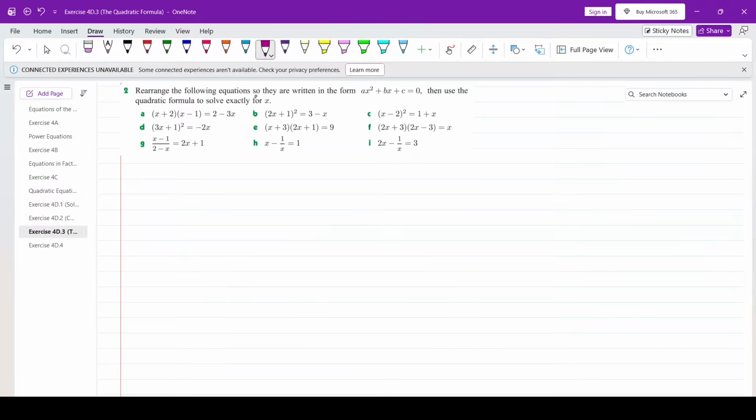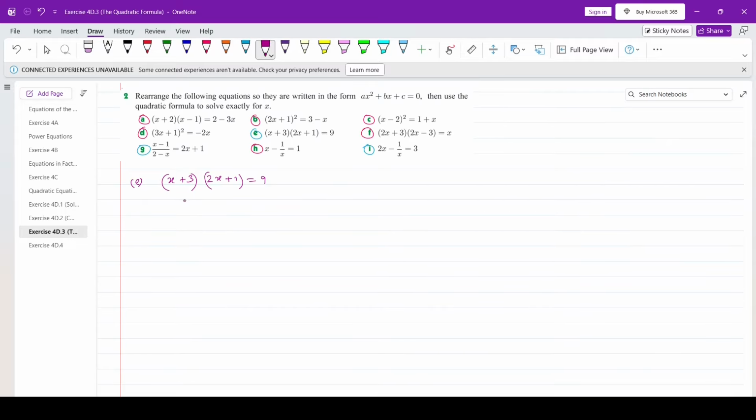Rearrange the following equations so that they are in the form ax square plus bx plus c is equal to 0, and then use the quadratic formula to solve exactly for x. E, x plus 3 times 2x plus 1 is equal to 9. So let's first open the parenthesis.